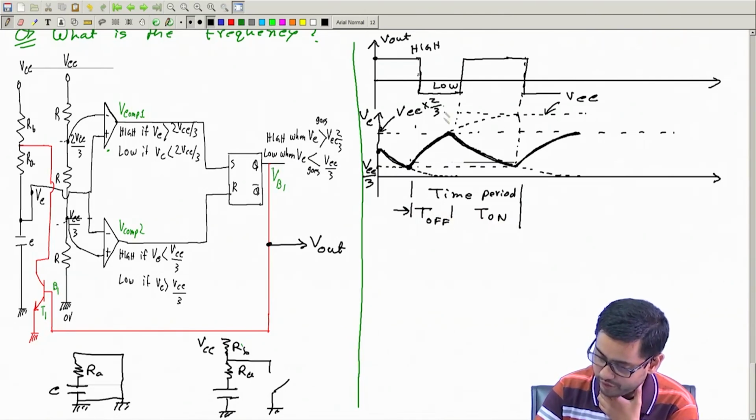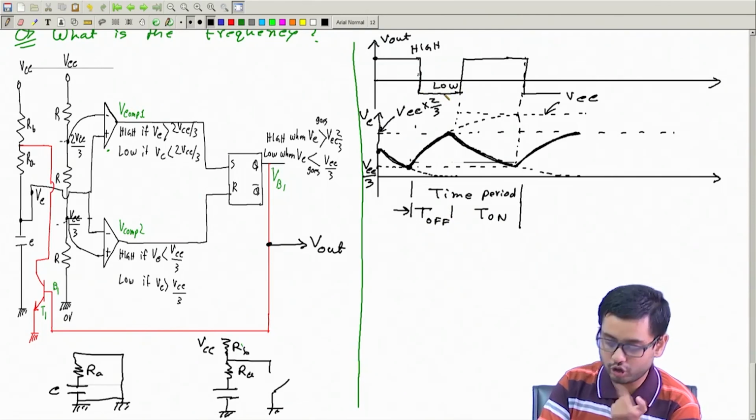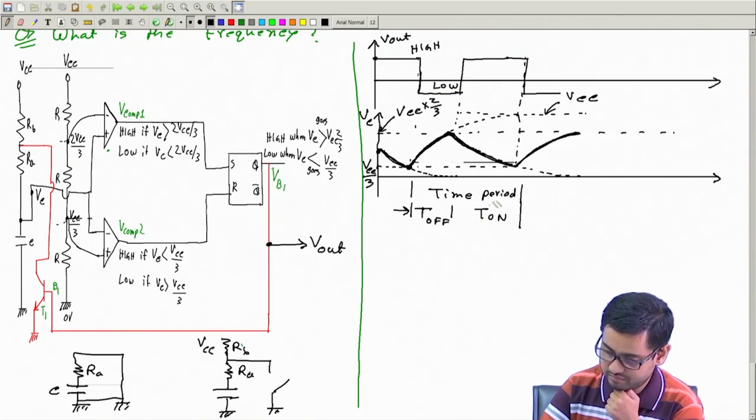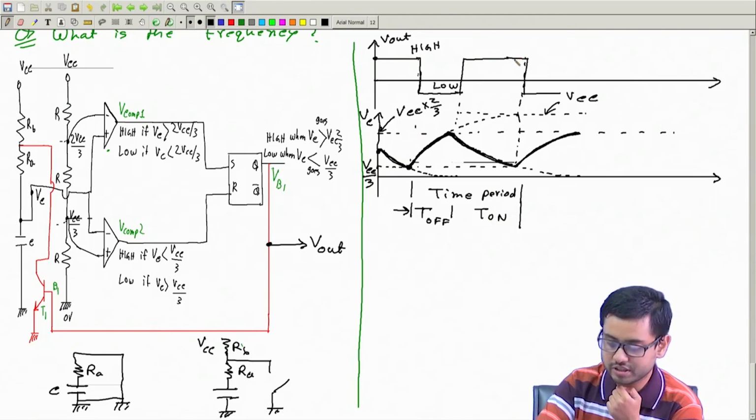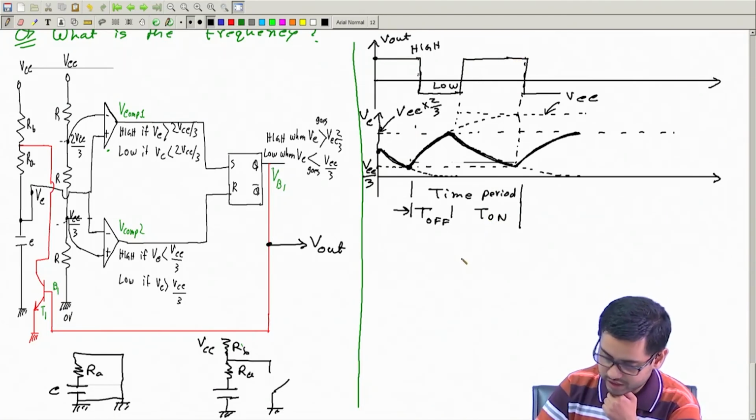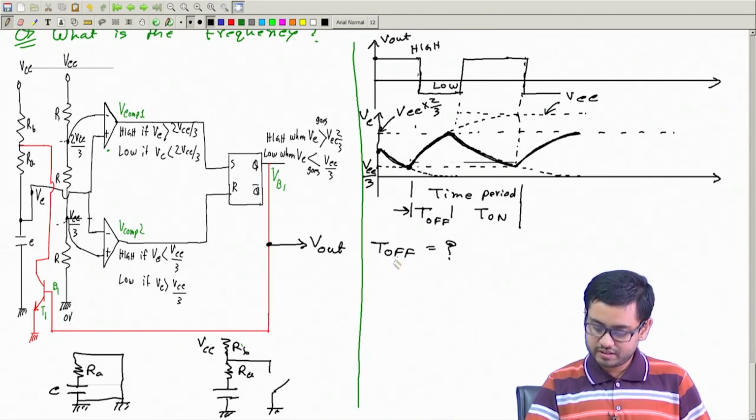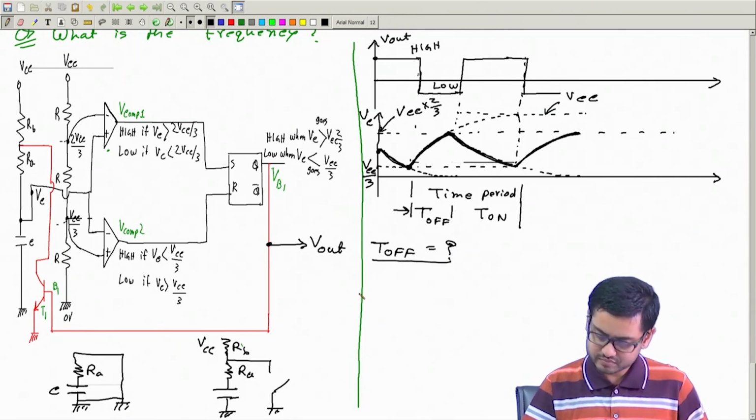T off is the time when the output is off or low. T on is the time when the output is on or high. Okay, so let's find T off. Let's find how much is T off.